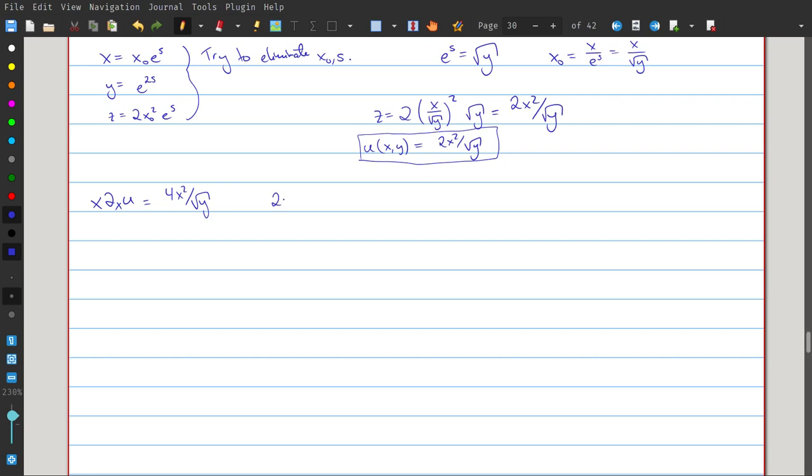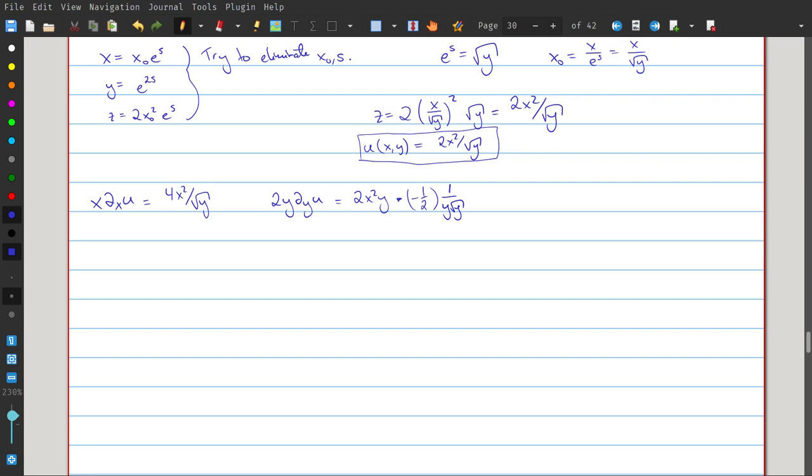And if we take 2y and then the partial derivative of u with respect to y, so the 2y part is going to give us 2x squared y, and then the derivative here is going to give us a negative half, 1 over y square root of y, that is y to the negative 3 halves.